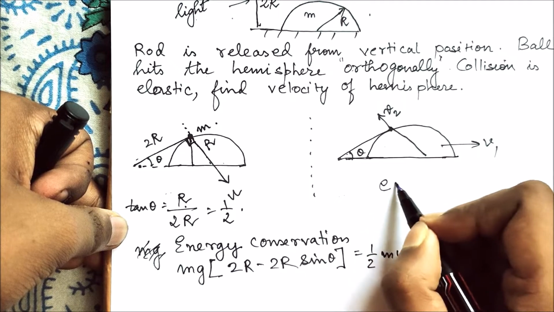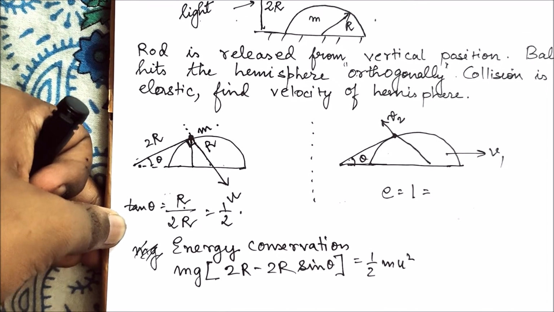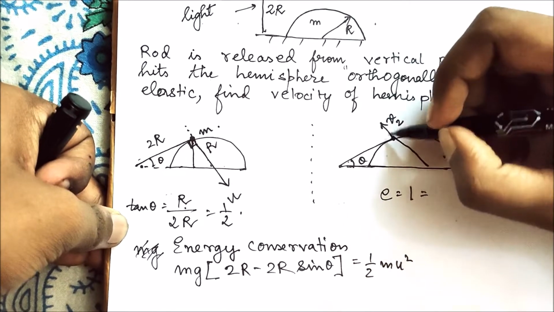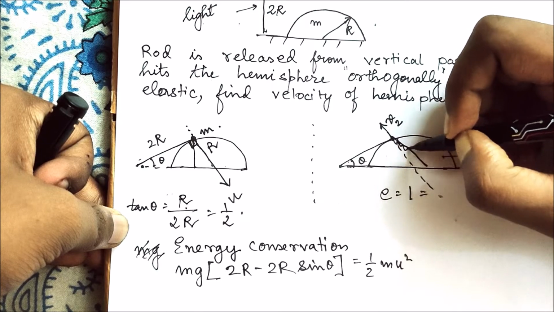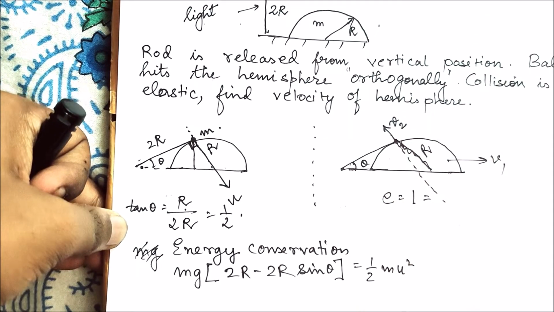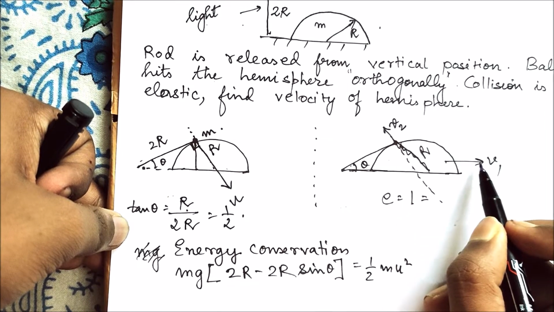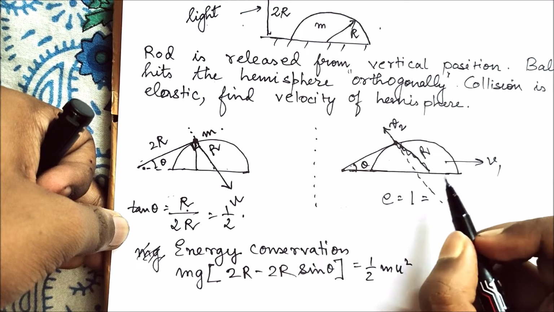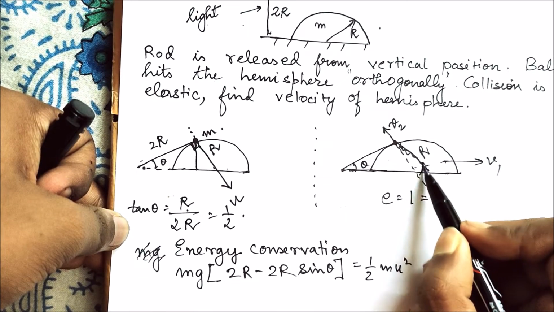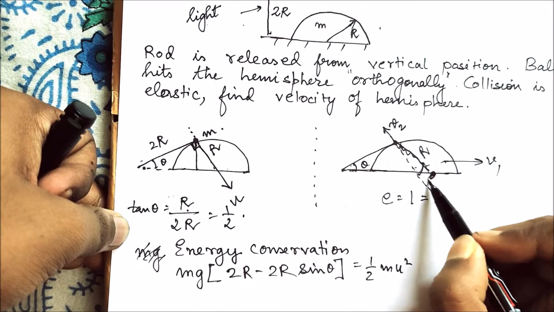Now let us write the equation e equal to 1, velocity of separation by velocity of approach. So what is the velocity of separation? See, this is the line of action. Forget about this, this is the line of action. What is the component of v along this line? The component of v along this line would be v into cos of this angle, which is basically this angle alpha.